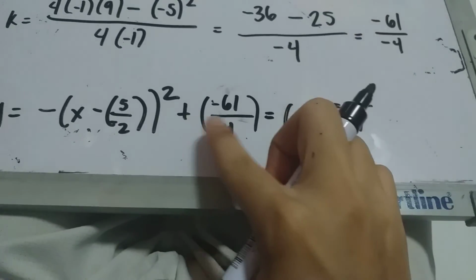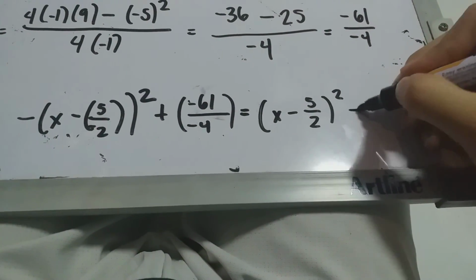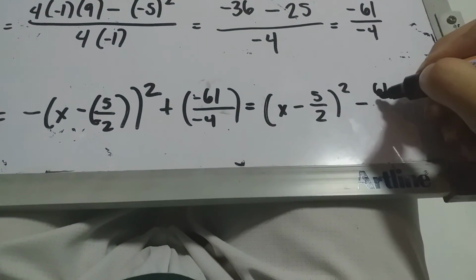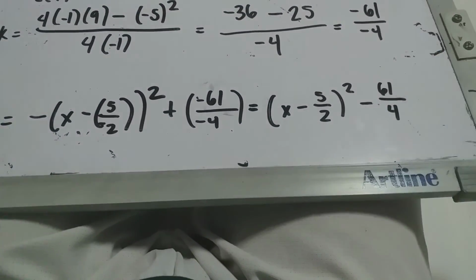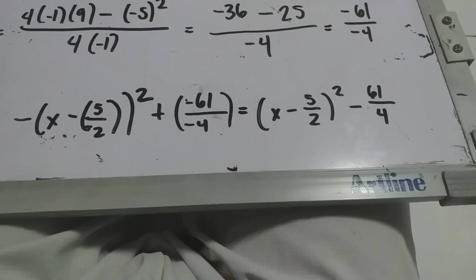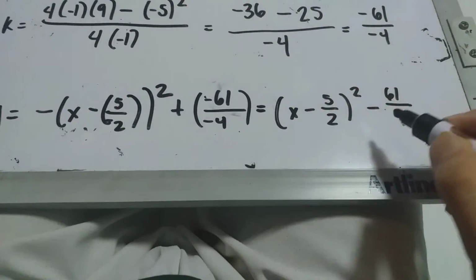Then distribute the positive and the negative, it becomes a negative minus 61 over 4. And that's your final answer right here.